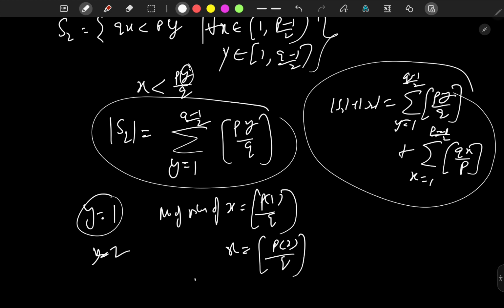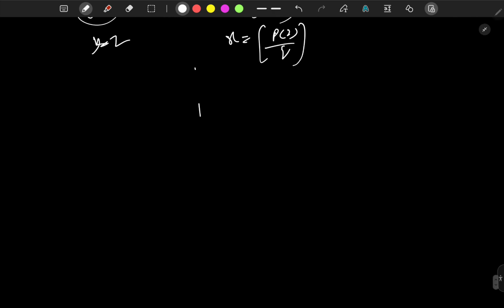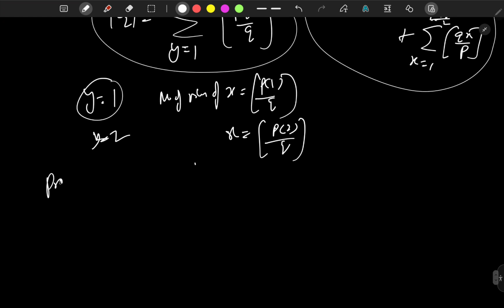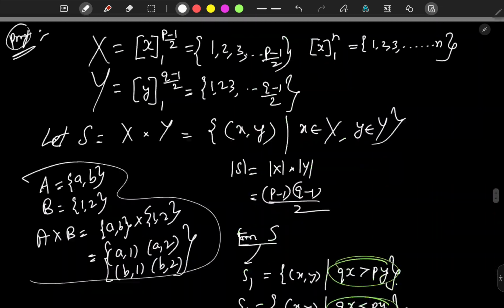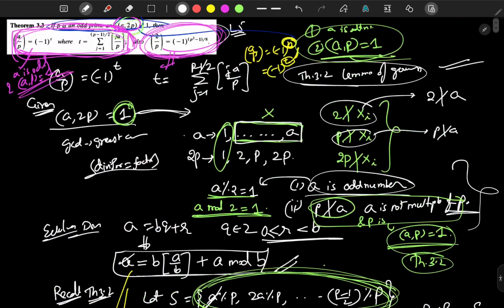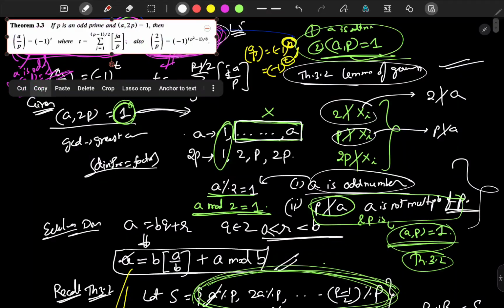After this one, you need to apply the previous theorem. What is the previous theorem? This is very important, you should not forget it at all. This theorem we have just seen, theorem 3.3. Today I explained it and revised this theorem again. We have to apply this theorem.